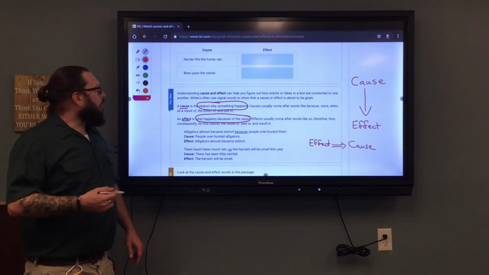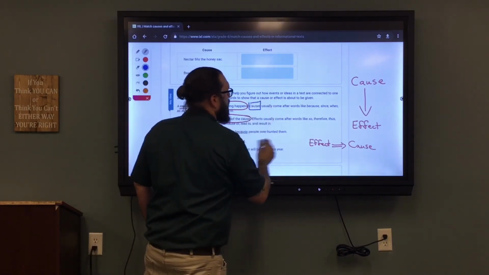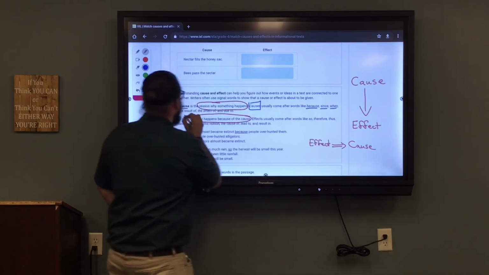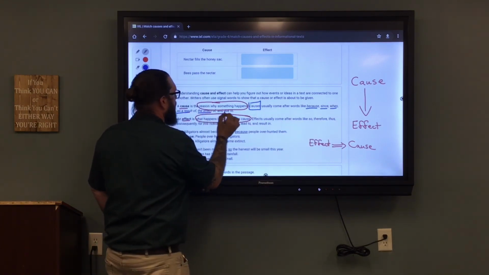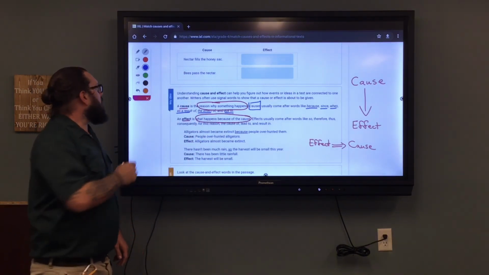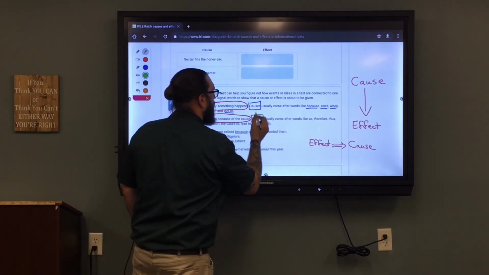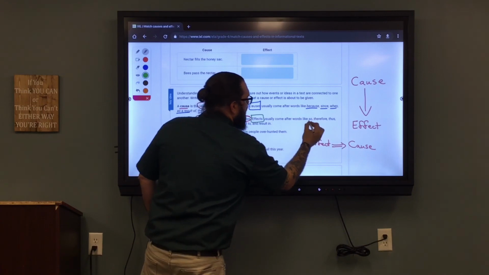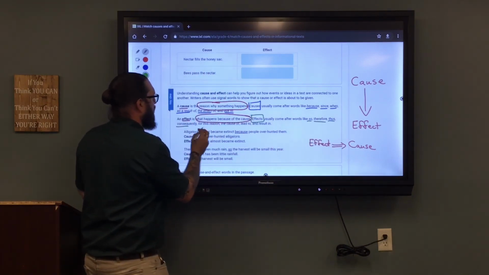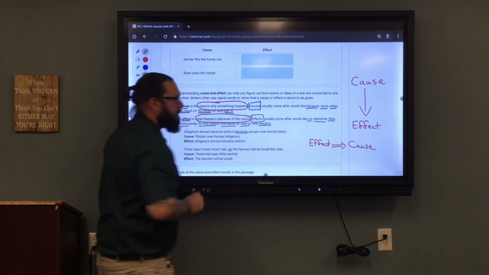Signal words to clue us in on causes potentially could be because, since, when, as a result of, the effect of, due to. Signal words to clue us into an effect could be so, therefore, thus, consequently, for this reason, the cause of, led to, or result in.